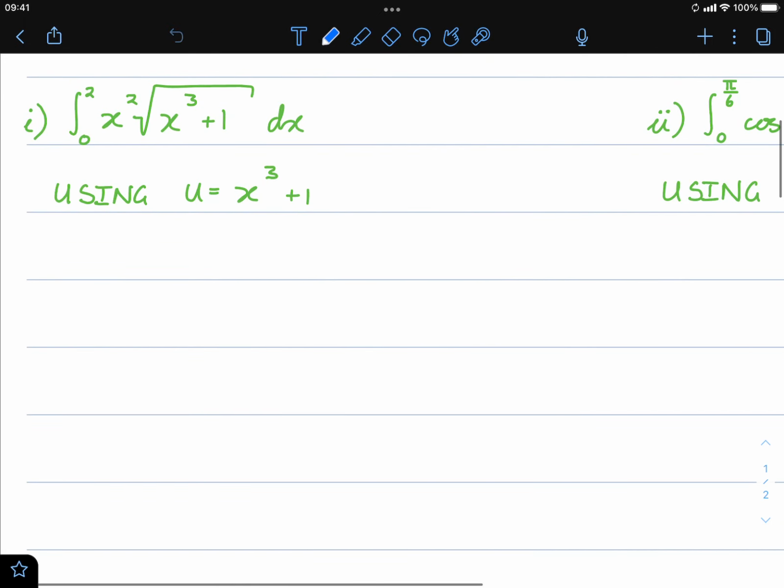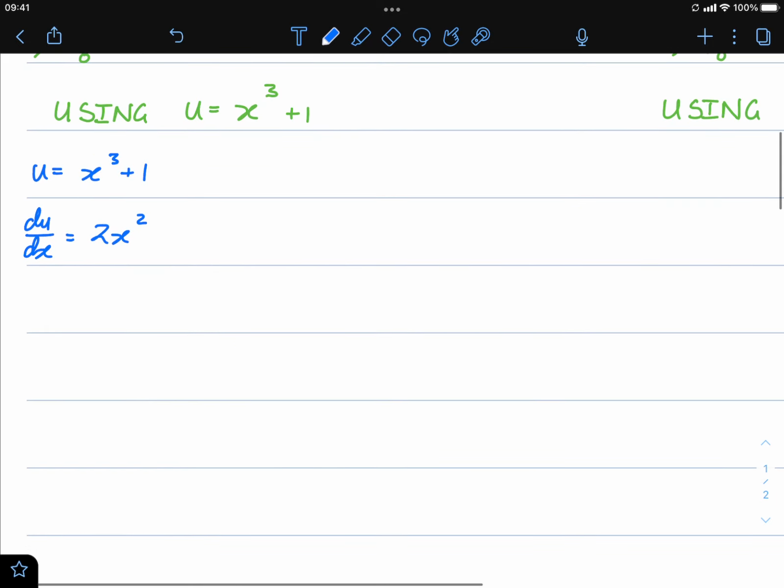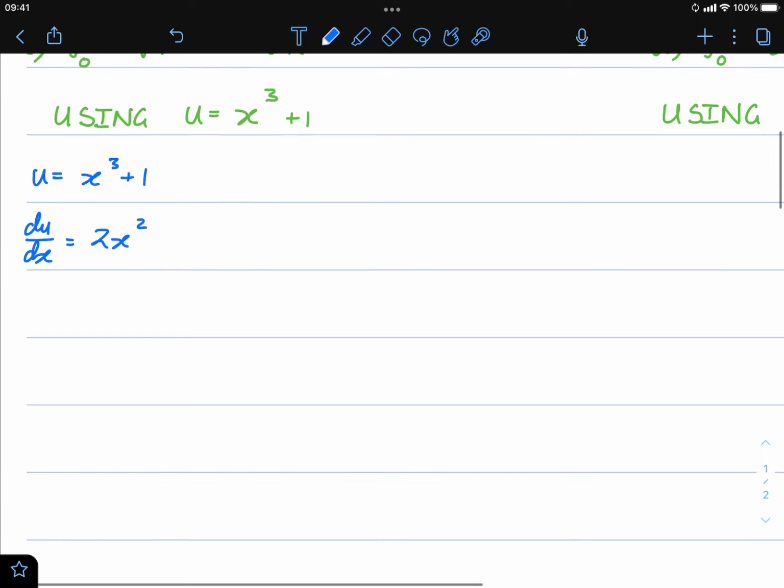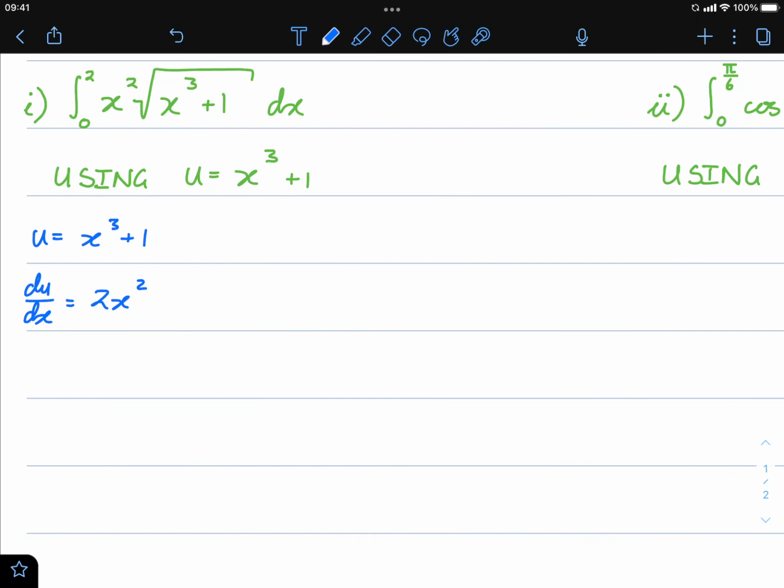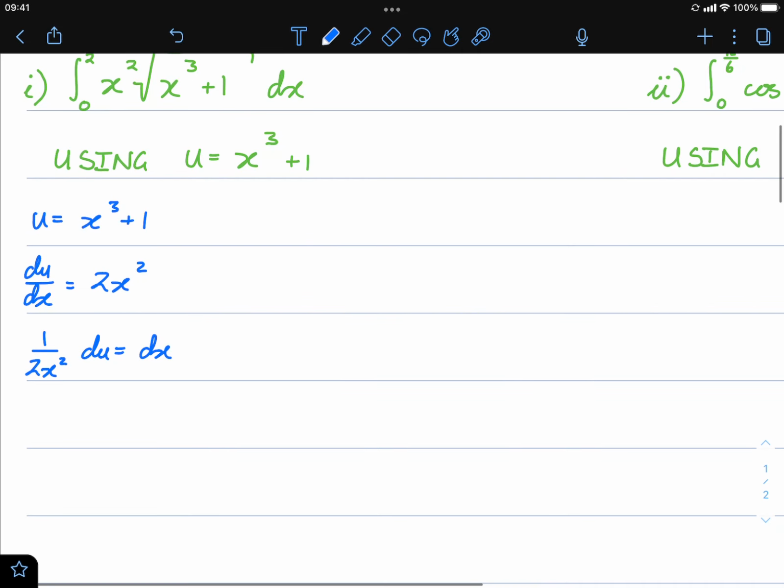So once here, we do as we normally would, so let u equal x cubed plus 1. du on dx equals 2x squared. From here we also will get 1 on 2x squared du equals dx.